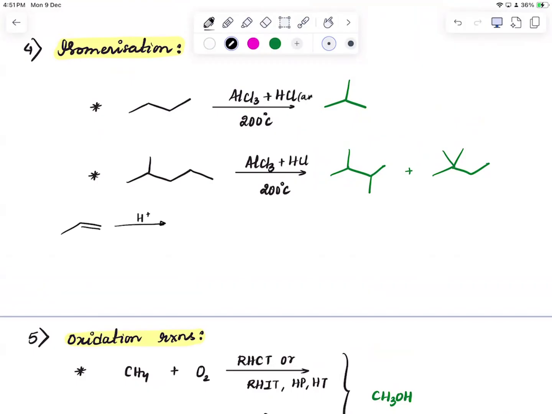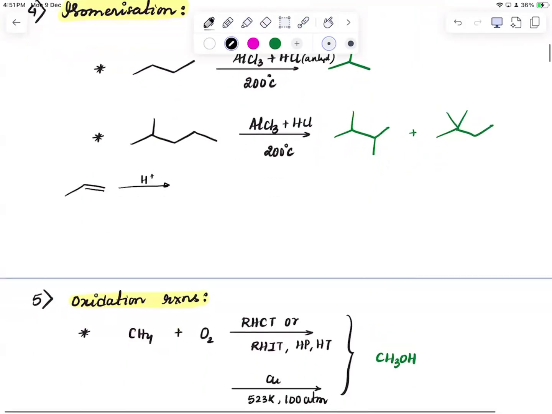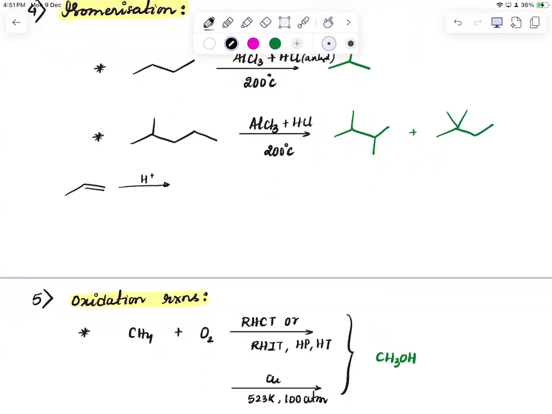This has to be anhydrous. It should not be aqueous at all. So we'll take an anhydrous form of it, and then we'll make a carbocation form here. But this alkene which is taken is in a very, very small composition. Got it?